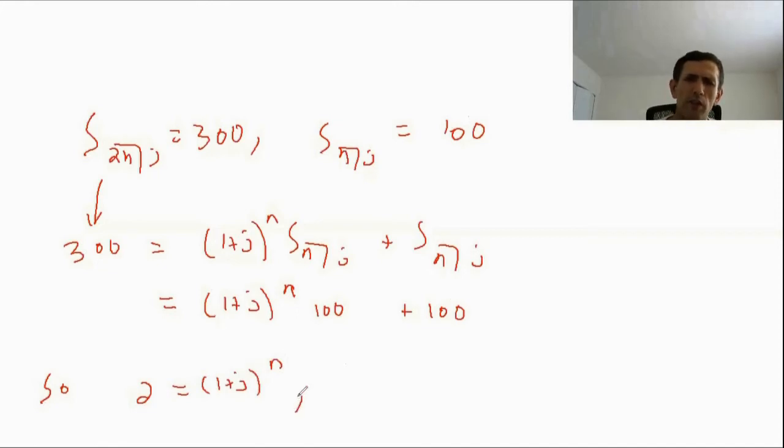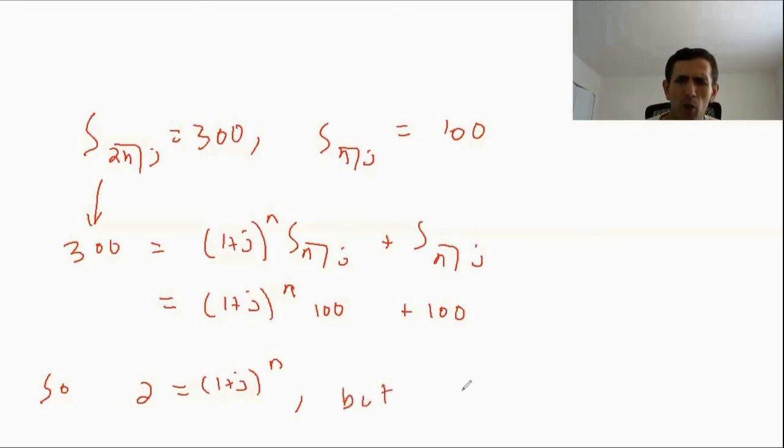Well, that's all fine and dandy, but we want j. We don't want (1 plus j) to the N. Well, that's fine, we can solve for j very easily. Why?